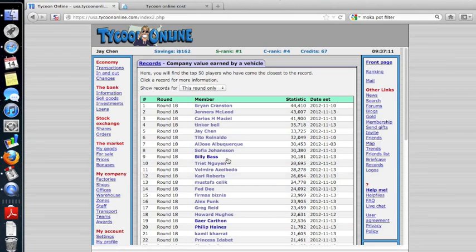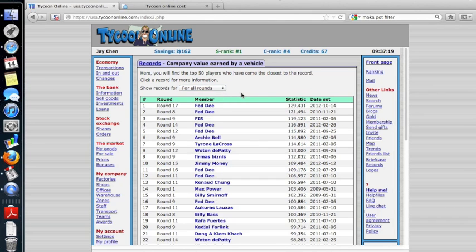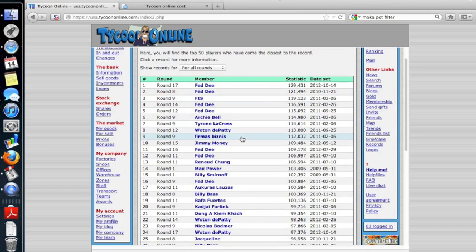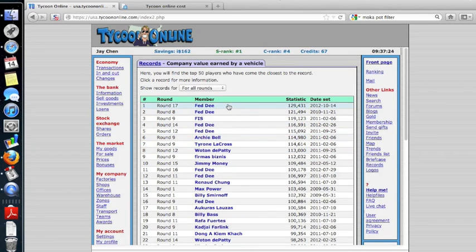Another thing that I like to use this page to look at is, well, actually, hold on a second. Go for all rounds. Okay, this is the only time we'll look at this for all rounds. If you look at this, the record for all rounds was set last round, and Fed had an, I'm assuming it's an airplane because airplanes are the best for CV, that made 129,000 CV from just one vehicle.